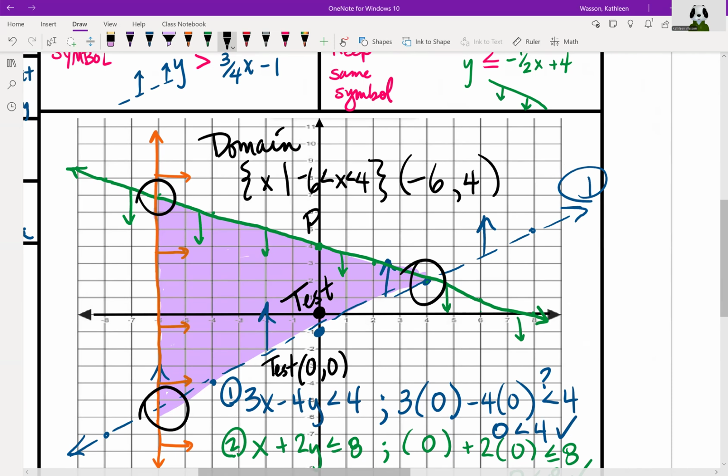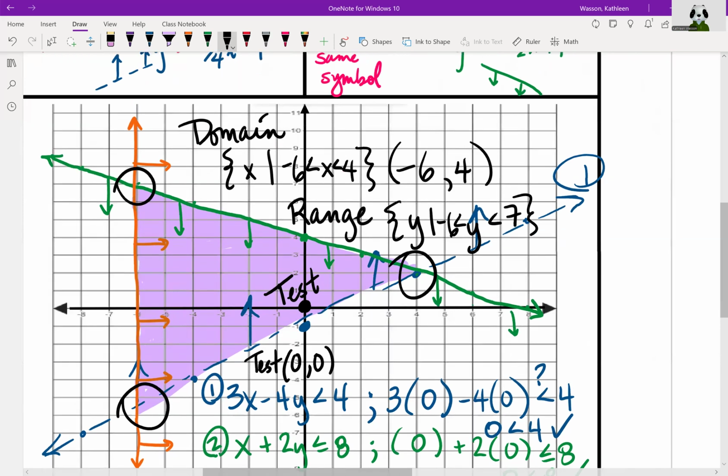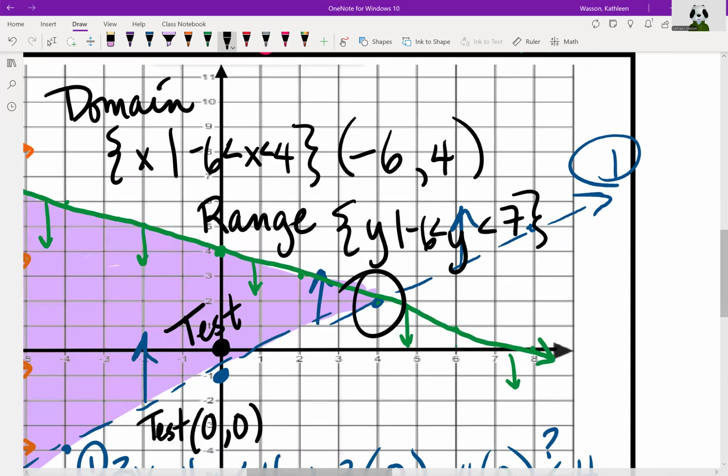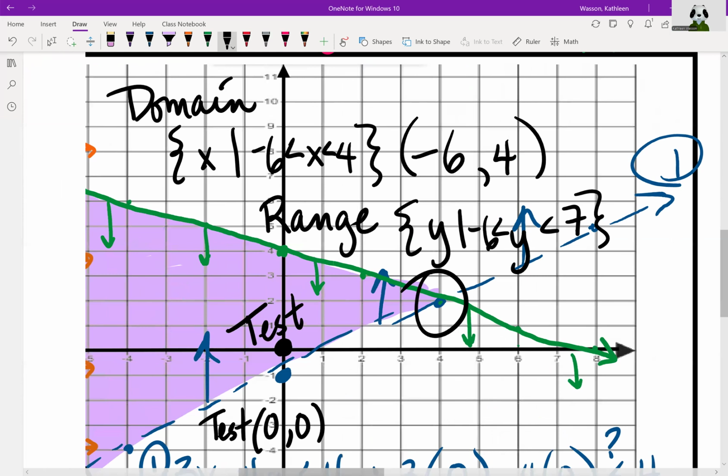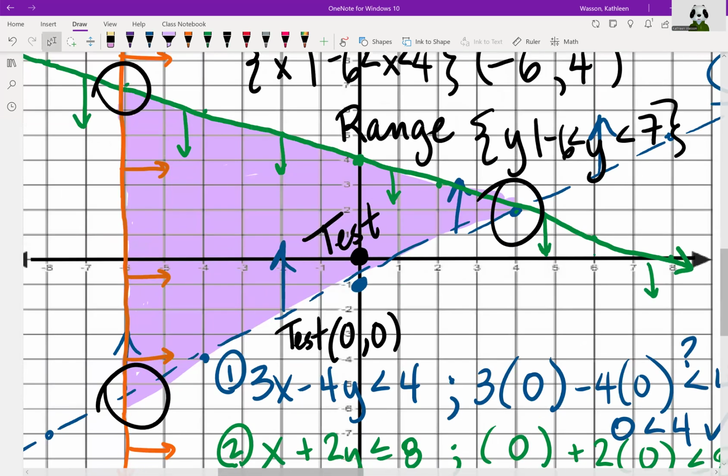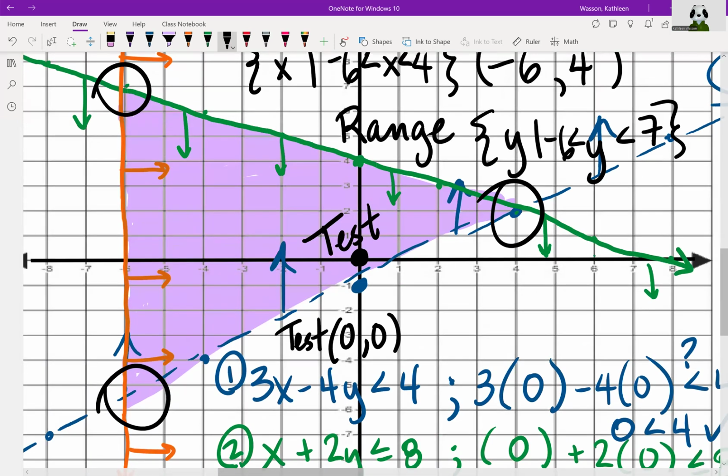The range for the shaded area is the set of all y's such that y is between the lowest, which is -6, and the highest, which is 7. At -6, I have a solid line and a dashed line, so I'll leave it less than.